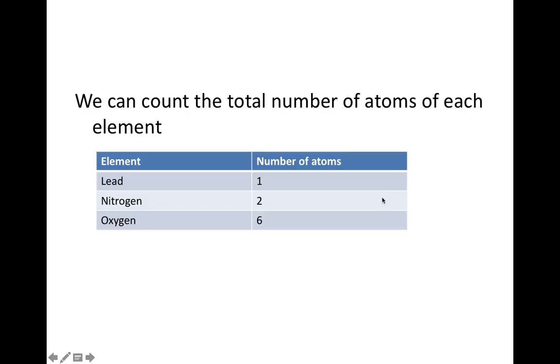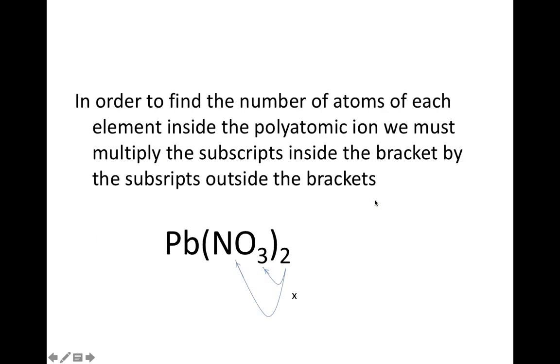So we can count the total number of atoms of each element by drawing the diagram. It's lead 1, nitrogen 2, oxygen 6. You can draw the diagram and count it that way, which I'm going to have you do. There's also a shortcut method. In order to find the number of atoms of each element inside the polyatomic ion, we must multiply the subscripts inside the bracket by the subscripts outside the bracket.